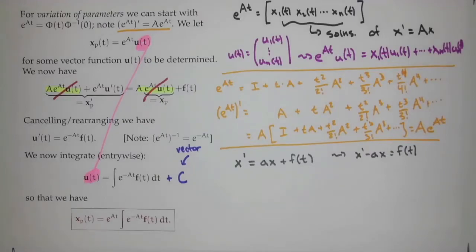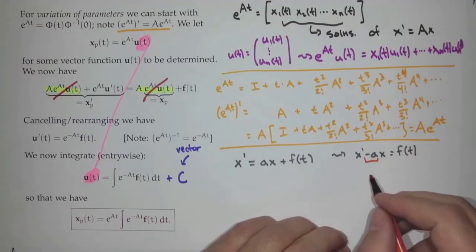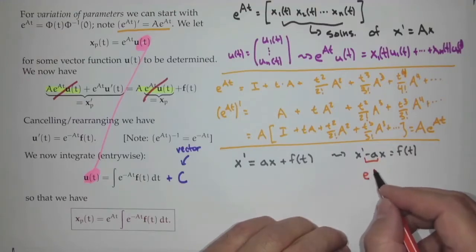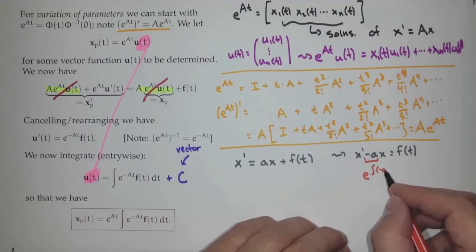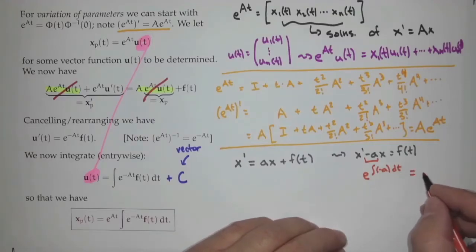Integrating factor. Okay, so for the integrating factor, you take the coefficient here, and you take e to the integral of that coefficient dt. What's the integral of minus a dt? Minus At.